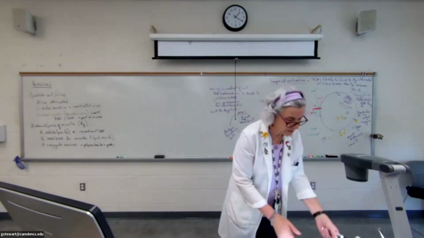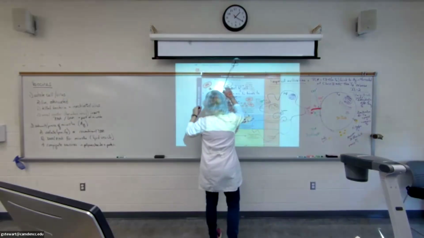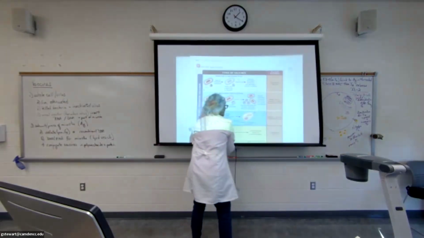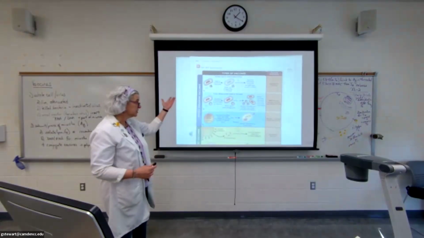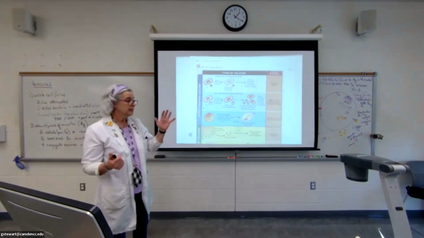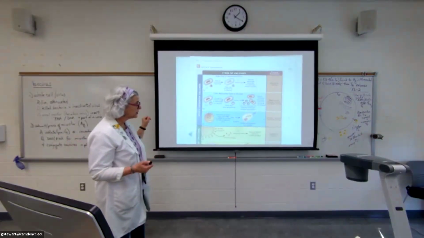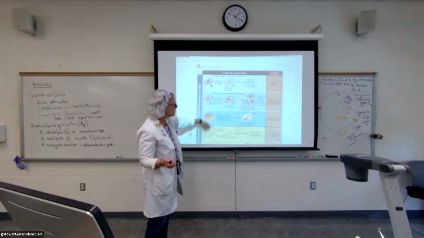Okay, so let's look at this schematic again here. Because it's just a little more cartoony, a little more picture, if you want to look at the pictures instead of the words. If you notice, current examples, they give some for each of these.